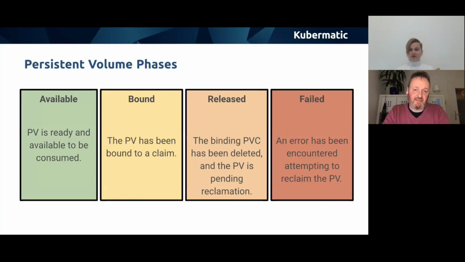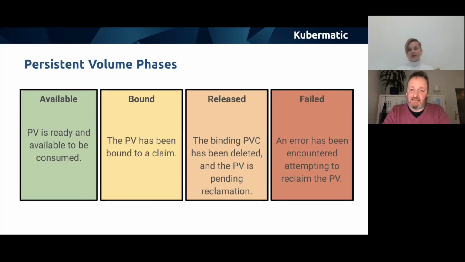It has the status bound when it has been bound to a claim. And that's part of what I've said with the graphic where the red-lined claim hasn't been possible because it is already claimed.